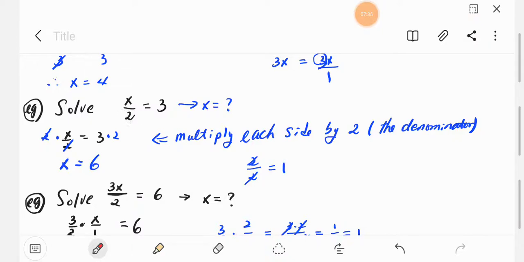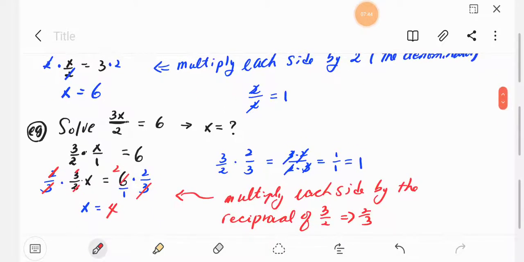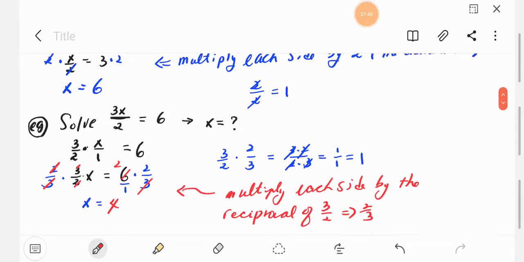Divide it by something, then multiply each side by the denominator. And if you have a product with a fraction, right? Fraction times a variable, then multiply each side by what? The reciprocal. Okay, reciprocal of 3 over 2, which is 2 over 3.